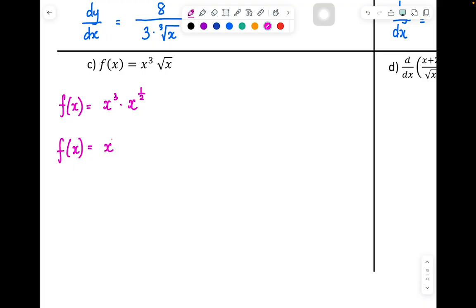If we're multiplying by the same base, which is x, then we can add the powers. So in this particular example here, it's an exercise of simplifying your equation first before you find the derivative.